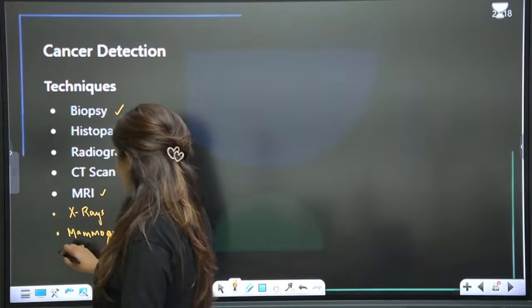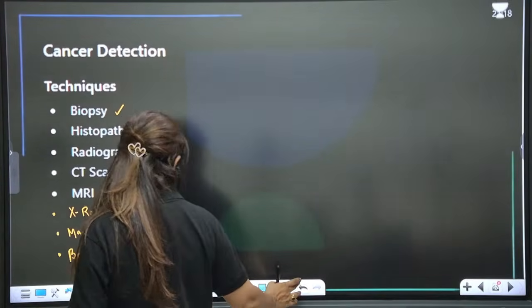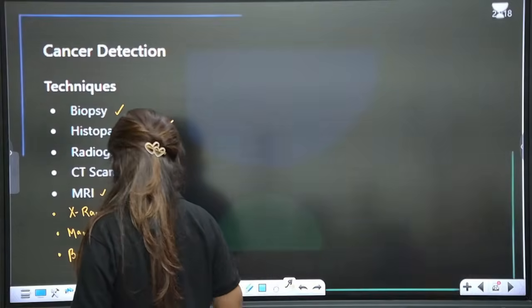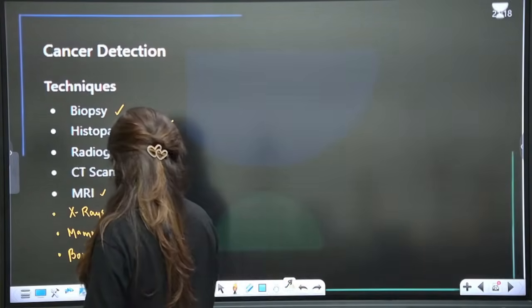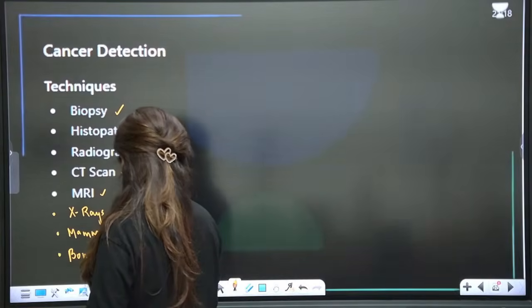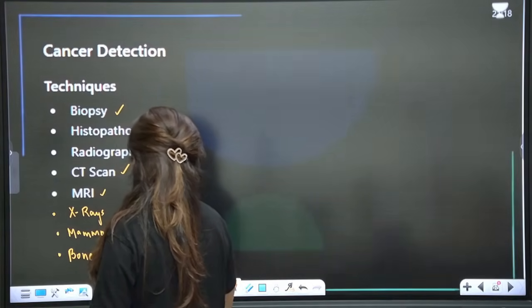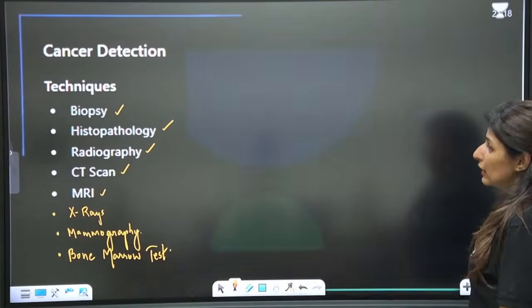So we have bone marrow test, particularly for blood cancer. Is that clear? So there are different techniques used for cancer detection.